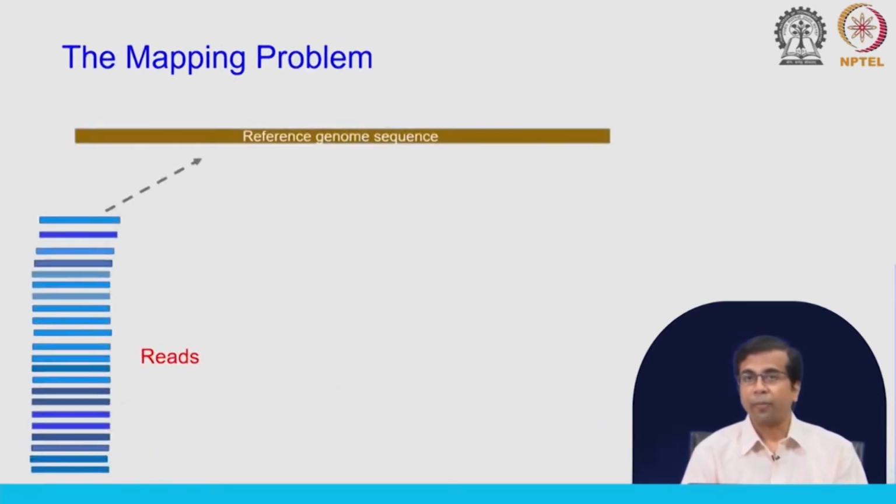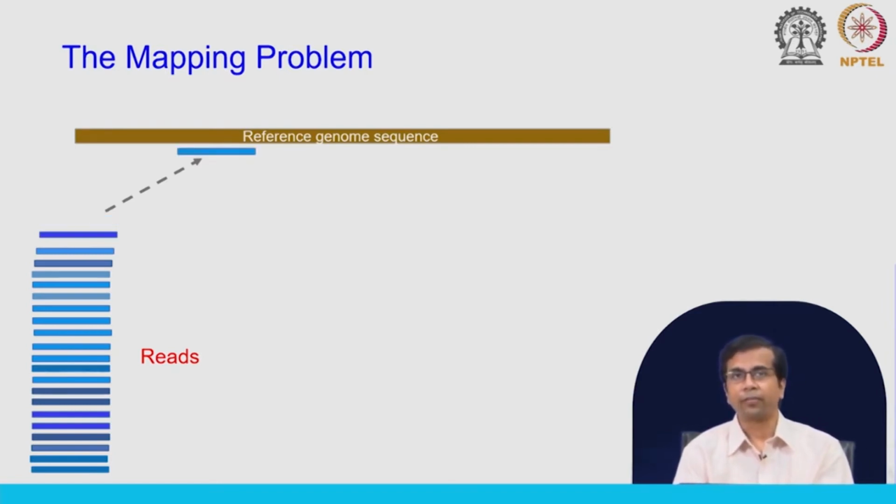So, the mapping problem, just to remind you. You have this stack of reads on the left, and the goal is to identify where these reads come from in the reference genome. Whether these reads come from chromosome 1, chromosome 5, chromosome 10 and so on, that is the goal of this mapping. In this schematic animation, we found a match for this read at this position in the reference sequence, and this is the mapping that is done.